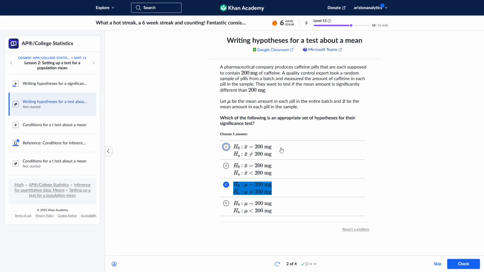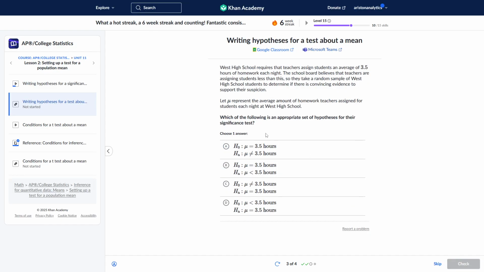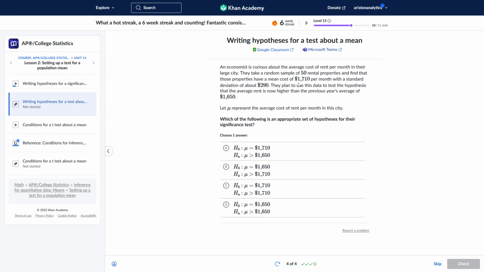What's the difference? Oh, it should be mu. Less than. Higher.